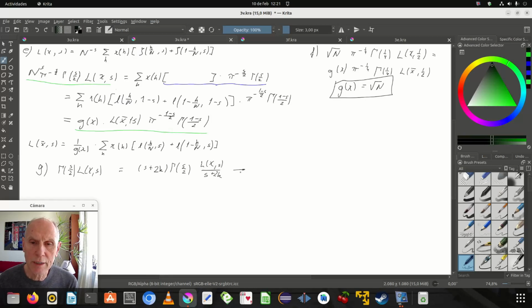And then we must let s tend to -2k. Then we get the residue of the gamma function, of the pole of the gamma function.